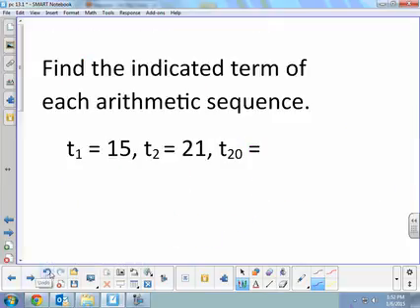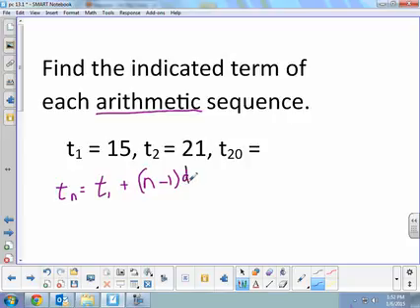On this one, I want to go ahead and find an equation. The key word here is arithmetic. So I automatically know which formula I'm going to use. My t sub 1 is 15.